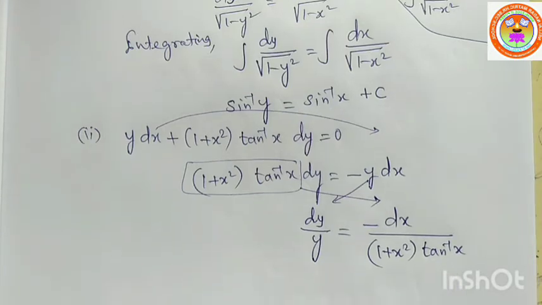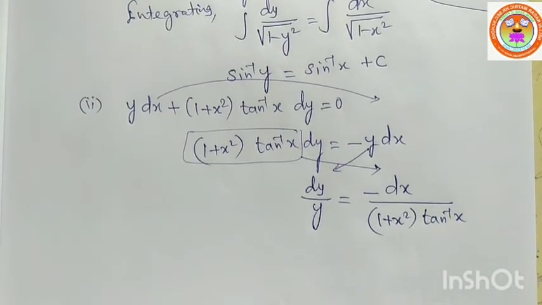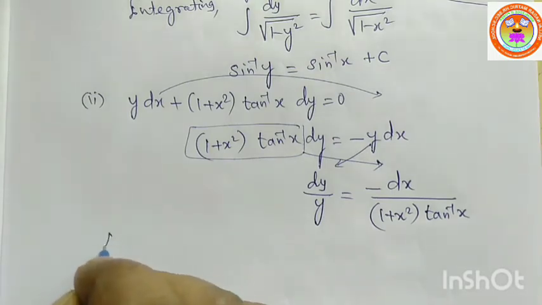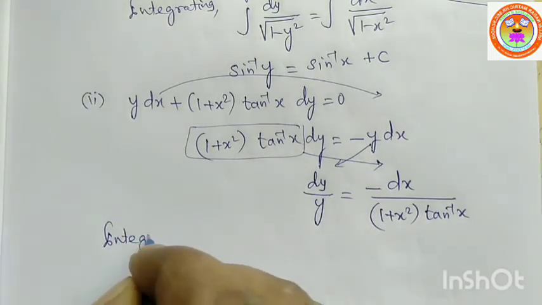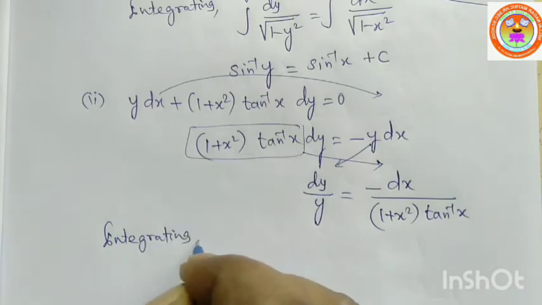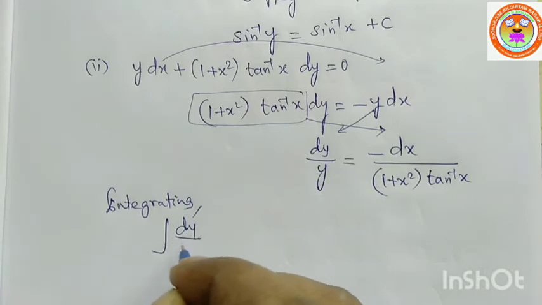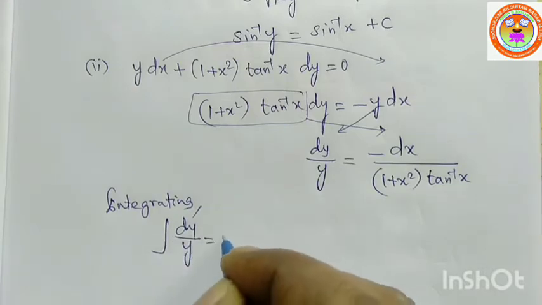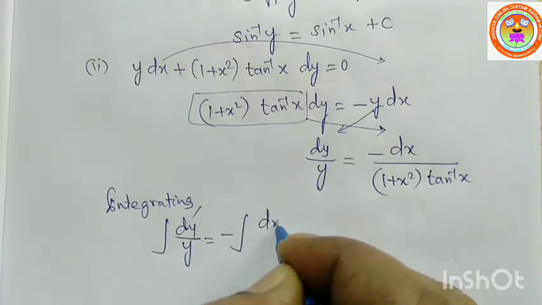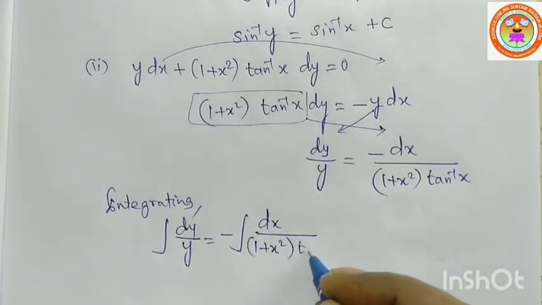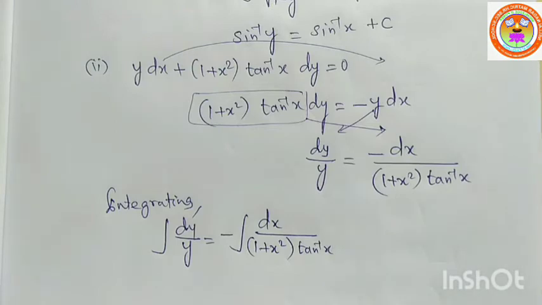After separating the variables, we need to apply integration. When we are integrating, what will we get? The integral of dy by y is equal to minus the integral of dx by 1 plus x square into tan inverse of x.